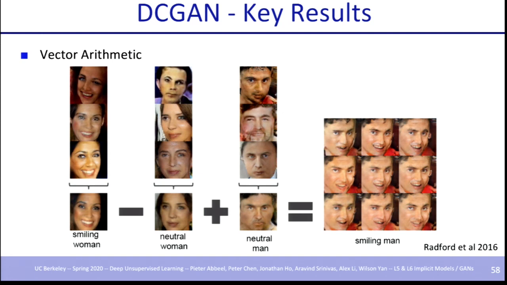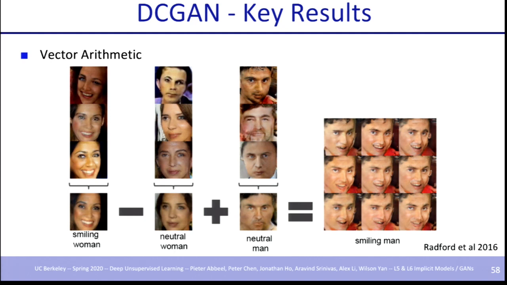A lot of you who are familiar with the word2vec models in language would know that people used to do these very interesting things, like taking two different words, taking a third word, subtracting the embeddings and seeing what the closest neighboring word in your dataset is, figuring out all these nice linguistic understandings. And it turns out the same thing can be done for images with the DCGAN model, where you take the latent for a smiling woman, subtract the embedding for a neutral woman, and then add the embedding for a neutral man.